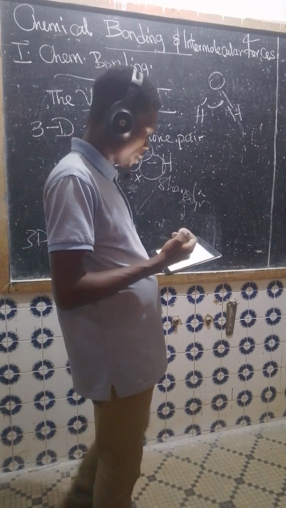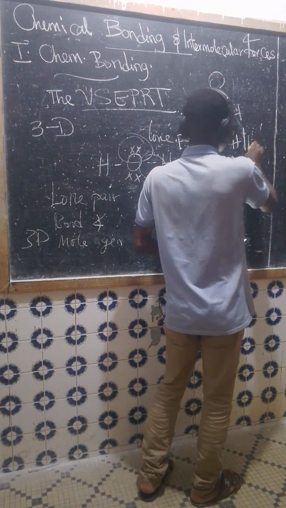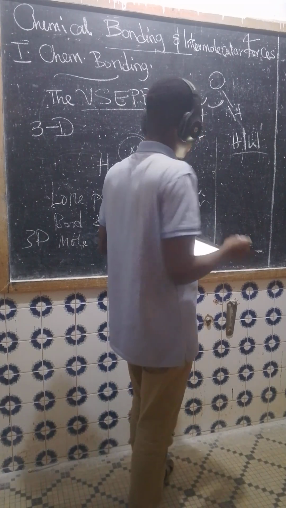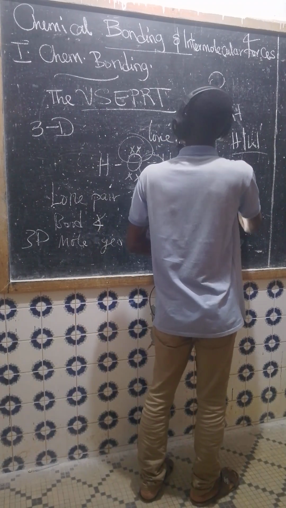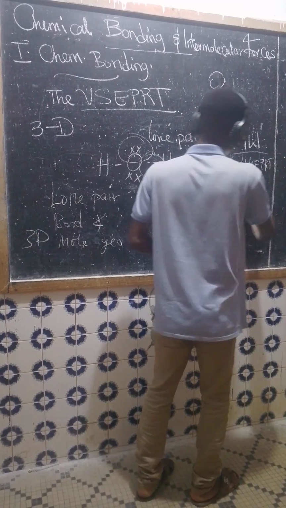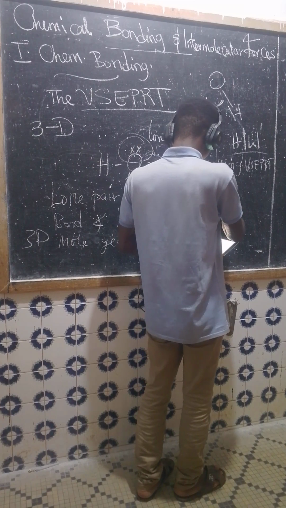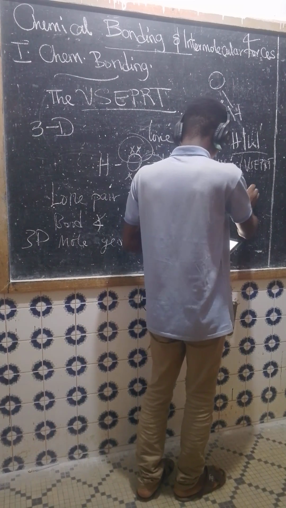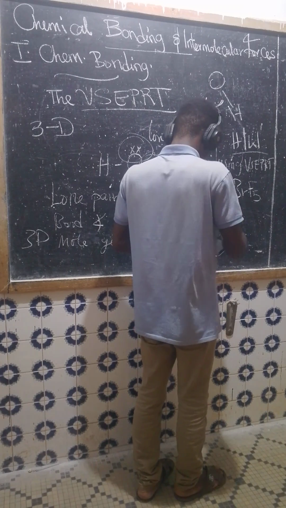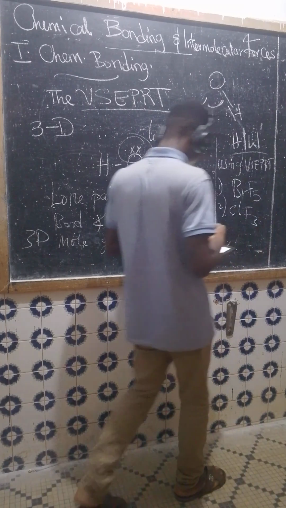And then after that, another assignment is this. Using the valence shell electron pair repulsion theory, predict the shape of BrF5 and ClF3.